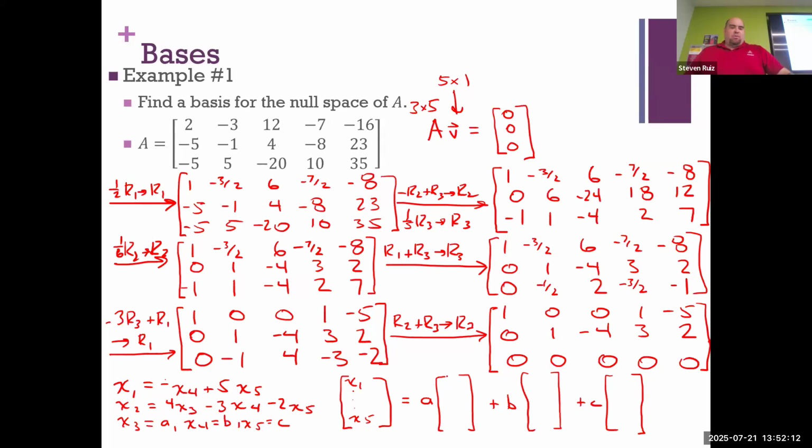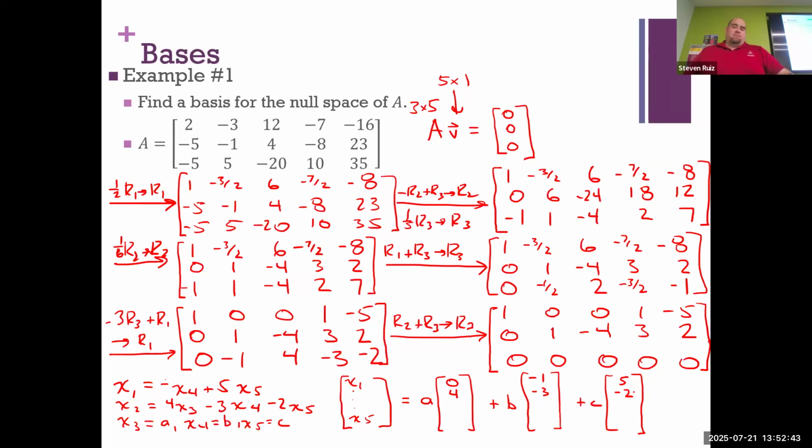So what does x1 equal in terms of our parameters? Looks like it's 0A, negative 1B, 5C. What's x2 equal? 4A minus 3B minus 2C.